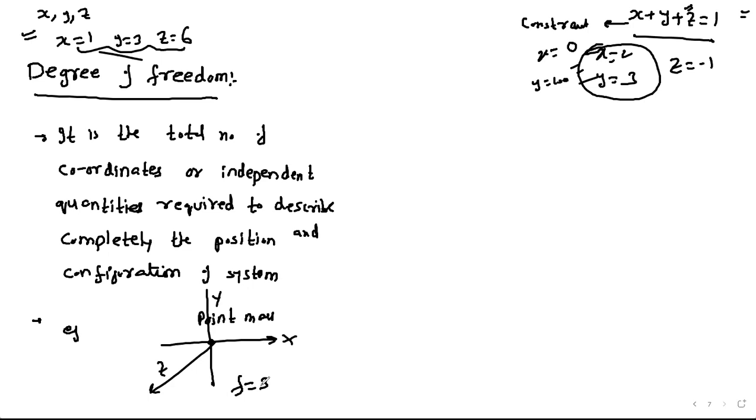So this is how we will write degree of freedom. But instead of counting degree of freedom physically, we will use a simple relation to find it.